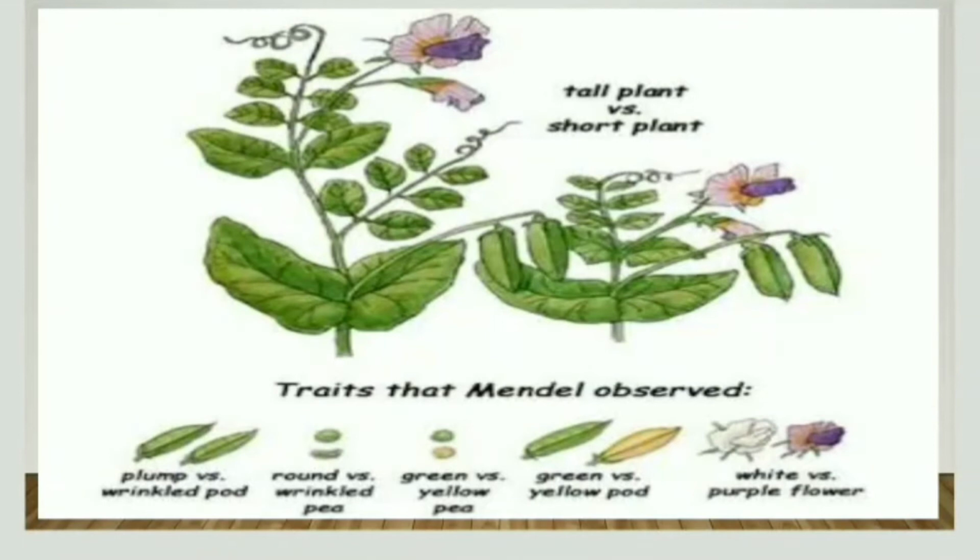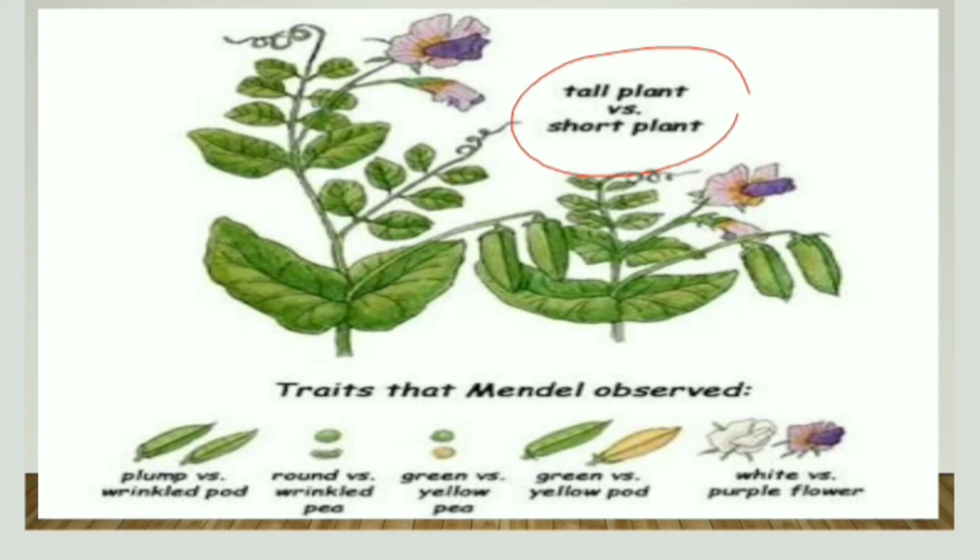Now let us discuss some of the phenotypes seen in a pea plant. We know that the father of genetics is Gregor Mendel, and he did most of his experiments on the pea plant. Some of the phenotypes he observed: based on height, a pea plant is of two types, tall plants as well as short plants.